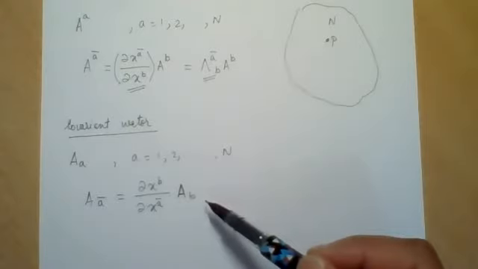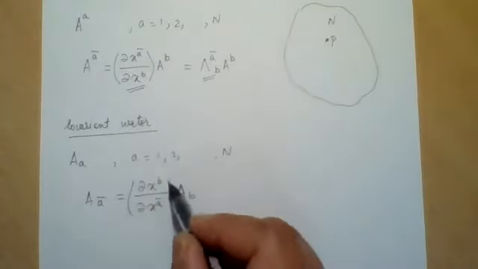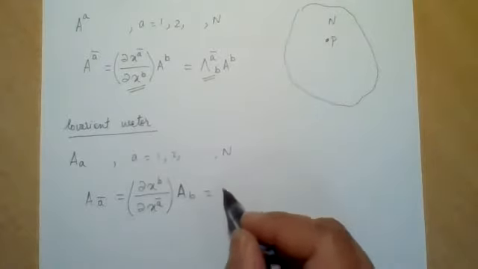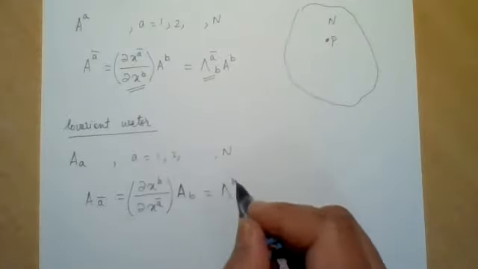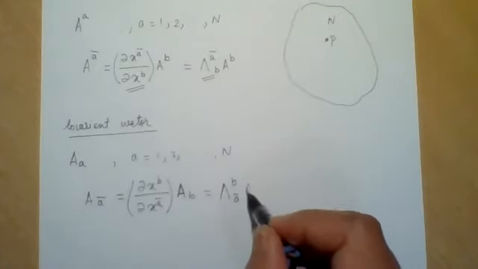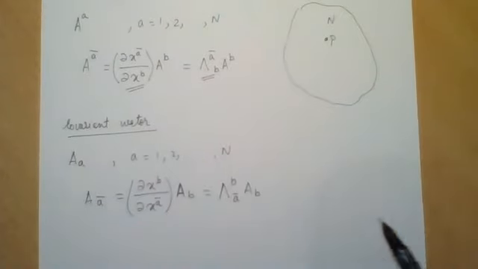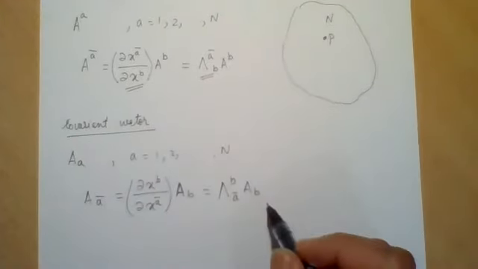This is the transformation rule for a contravariant vector, and this is the transformation rule for a covariant vector. And this partial derivative can also be represented by capital gamma, with subscript b. So this is about covariant vectors.